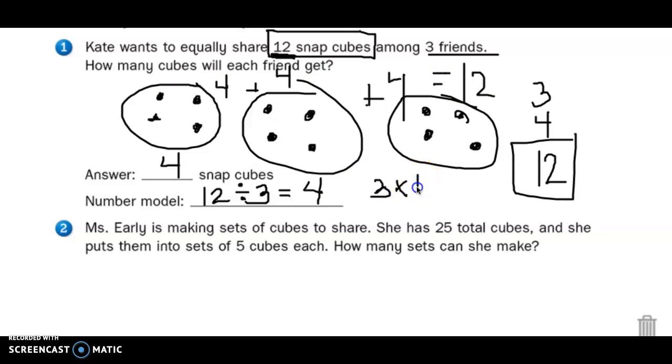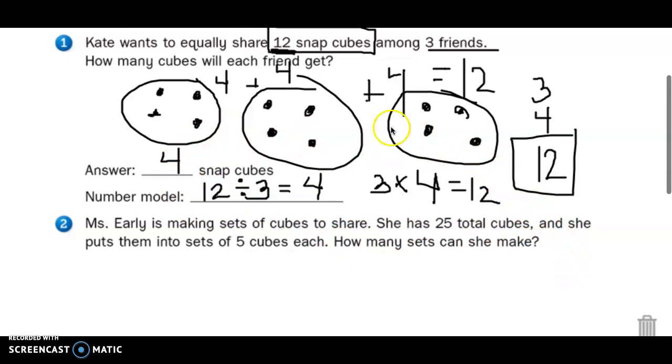This one you can just watch. 3 times 4 equals 12. What do you notice when I multiplied them to check my answer? 3, 4, 12. It's a fact family. They use the same numbers when we multiply and divide. So if you knew 3 times 4 equals 12, you knew that if you broke 12 into 3 groups, you would have to get 4.